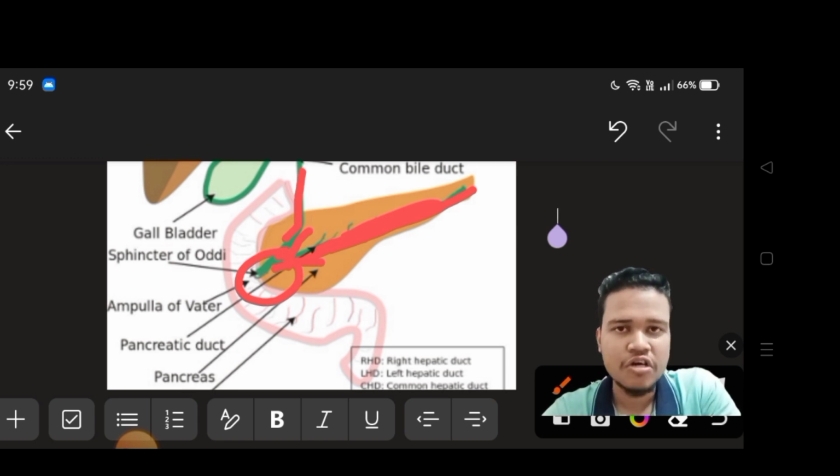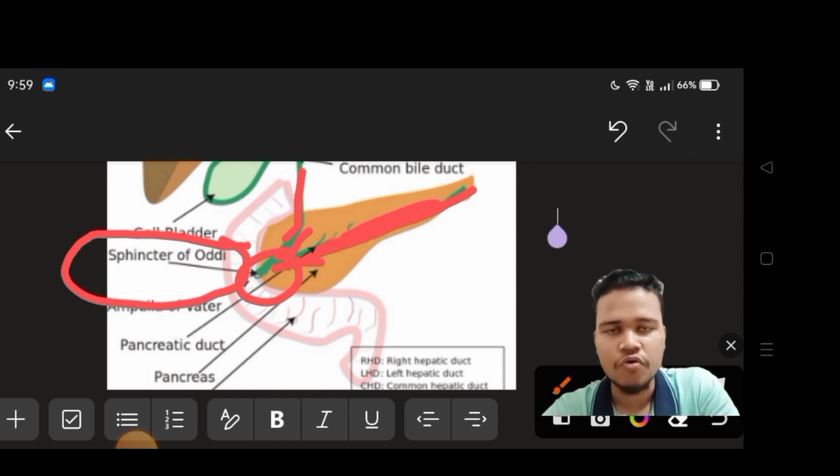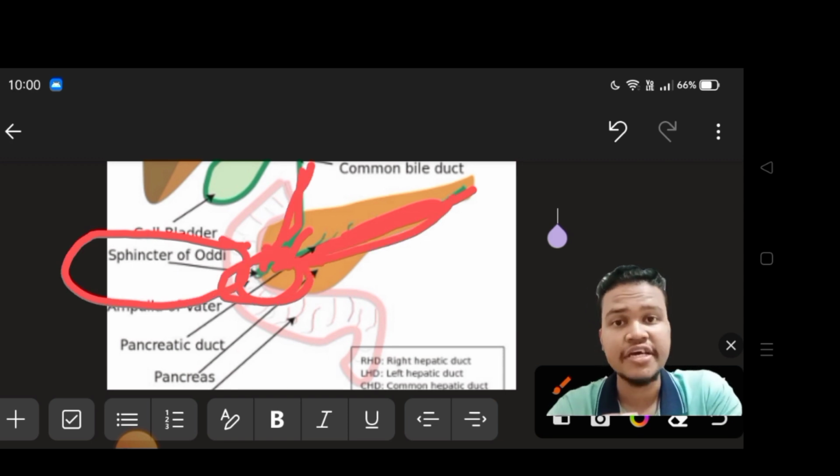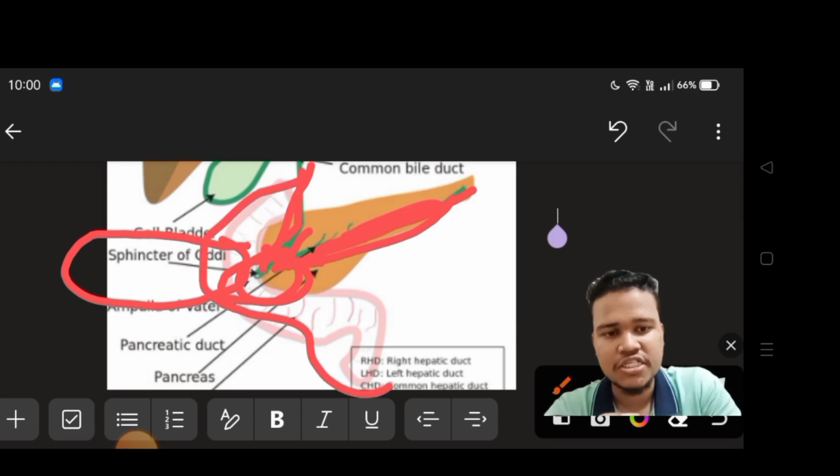So what is the ampulla of Vater? The ampulla of Vater is a dilatation produced by the union of the common bile duct and the pancreatic duct, and this opening is controlled by a sphincter, which is known as the sphincter of Oddi. And which organ contains the ampulla of Vater? It is part of our intestine called the duodenum.